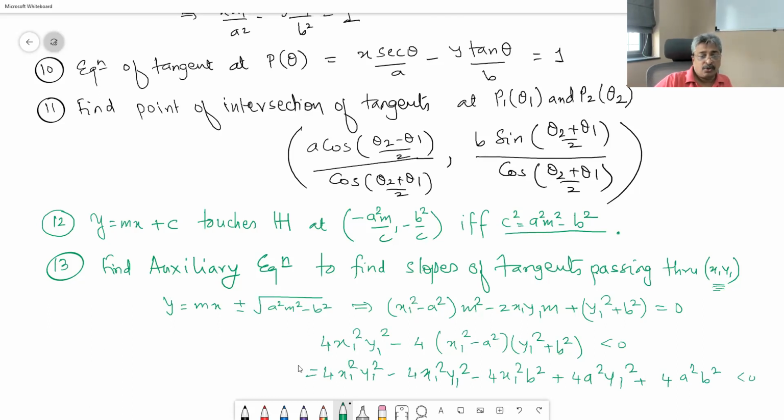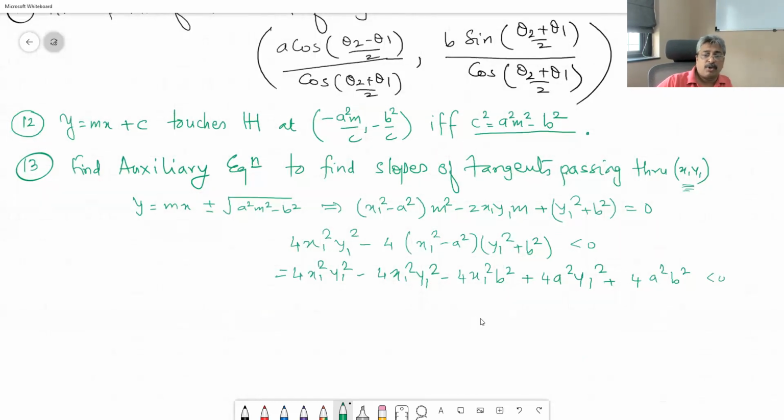I just want to show geometrically where this is: if the point is in this zone, the tangent is going to be imaginary. The 4 gets cancelled, and are we getting something? x1 square upon a square minus y1 square upon b square. So if I take it to this side, x1 square by a square minus y1 square by b square should be greater than 1.